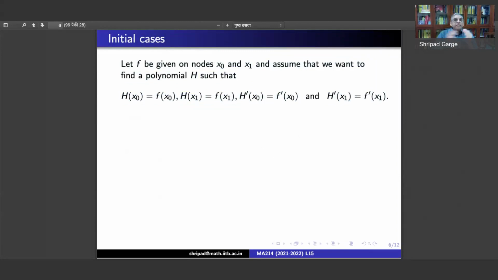So let's reflect on the case of the Lagrange polynomials, which we had studied not too long back. We had studied it recently. So we had constructed what are called Lagrange polynomials for the nodes xi.